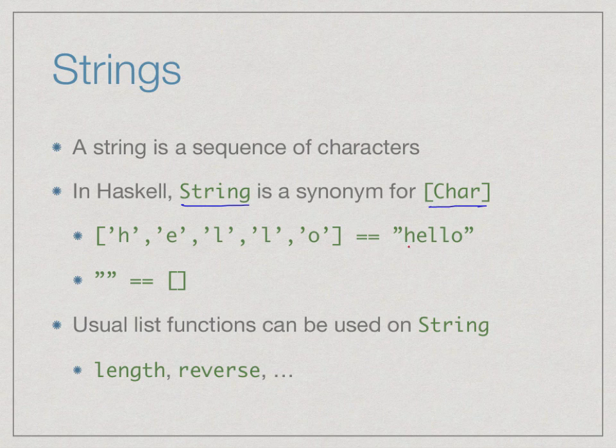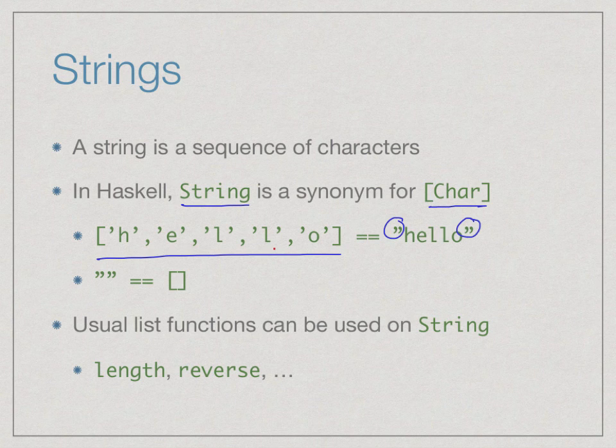So in other words, I can write strings using the familiar double quote notation. Right? So I can write a sequence of symbols with double quotes. So this is a string as you would see it in any other programming language. But internally, as far as Haskell is concerned, this notation is identical to having a list with 5 elements, each of which is an individual character. Okay? So this is basically how Haskell works.